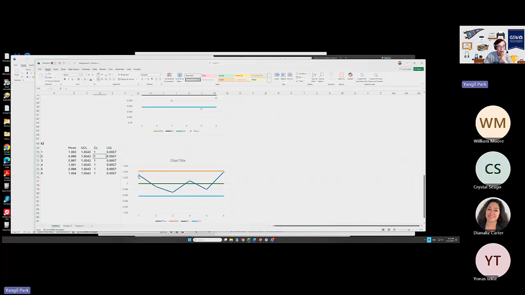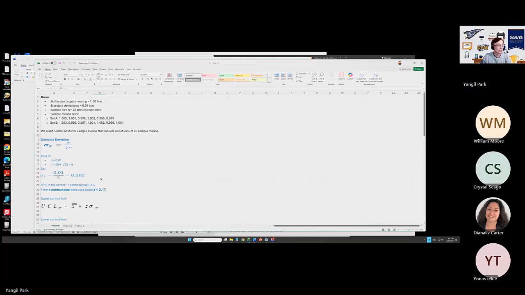And this time, all those 6 points are within the limits, so we know this process is in control. Meaning set B is good, set A is not, because a couple of points are out of limits. All right? So if you have any questions, let me know.